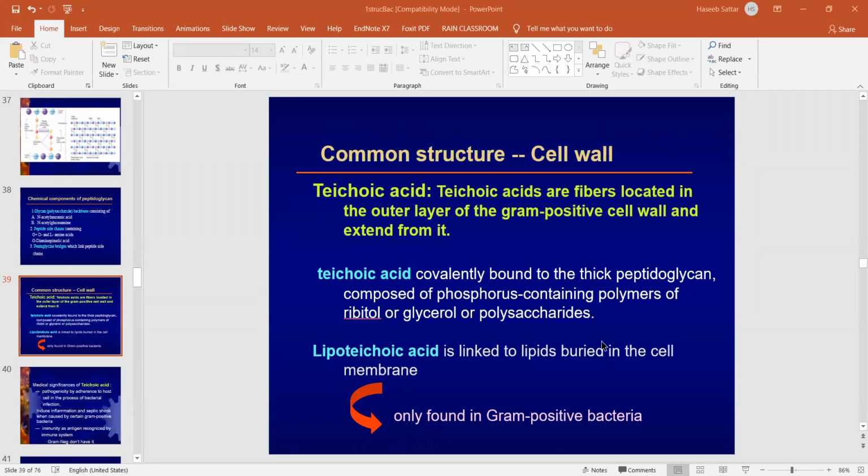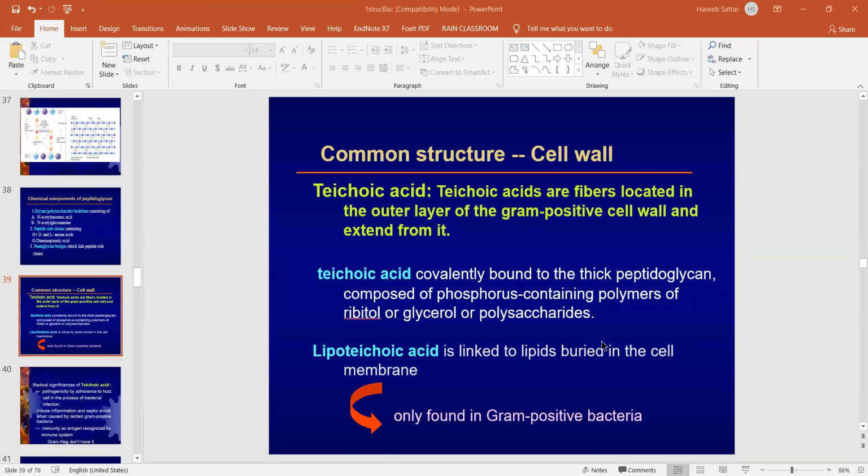These fibers protrude outside from the cell wall of a gram positive bacteria, and they are composed of glycerol phosphate or ribitol phosphate. Their main chemical composition is glycerol phosphate or ribitol phosphate.